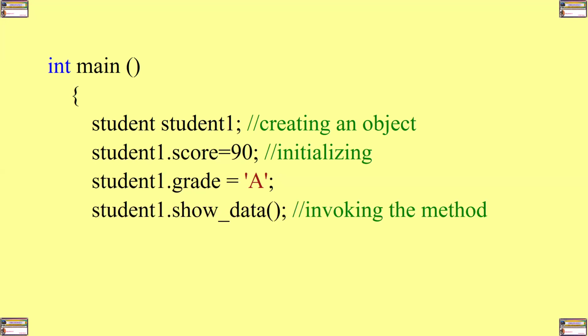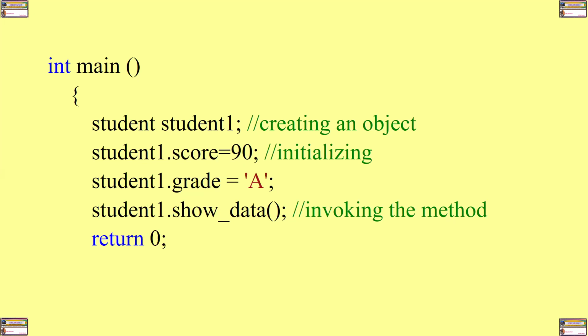From there, we invoke the function that is expected to display the values of the data members. How do we do that? This statement says, look for the function called showData from the class which is accessible through the object called student1. Perform the activities in that, or execute that function.